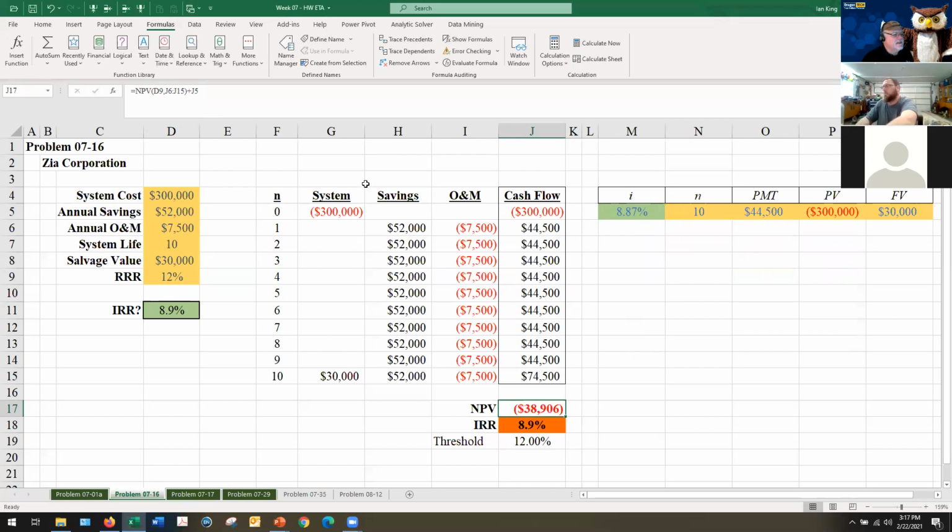Now then, one thing I'm going to bring up, we got net present value again, because on last week's homework, a couple of people were still messing up on ranges. When you're going to do net present value, that function discounts it back to year 0.